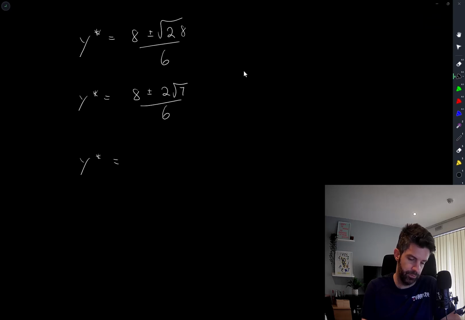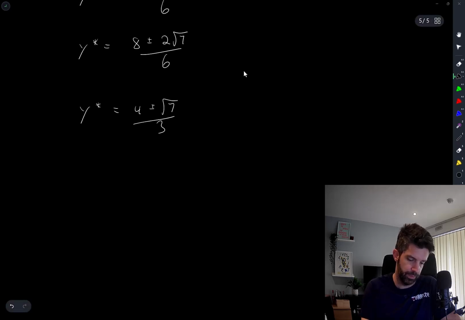So y star is equal to, dividing by 2, 4 plus or minus root 7 over 3. So y must be between 4 minus root 7 over 3 and 4 plus root 7 over 3, which is exactly what we're asked.